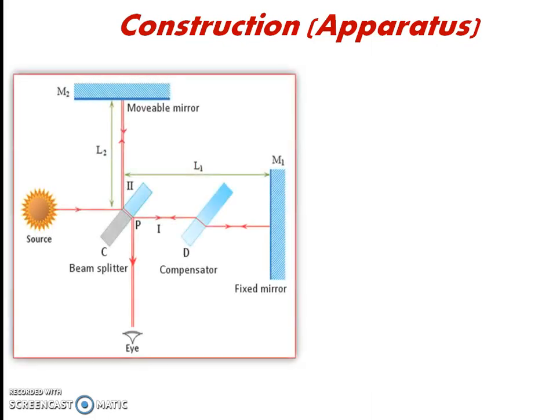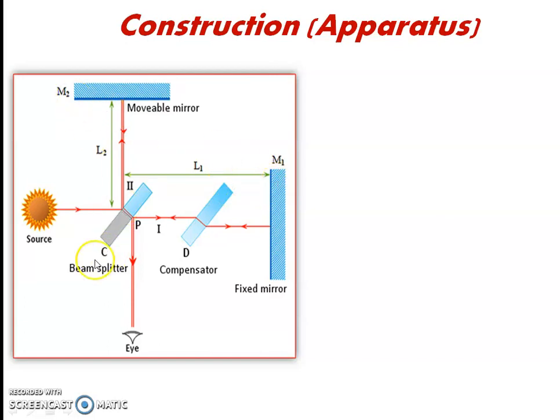Now how is this Michelson's interferometer constructed? Let us talk about the apparatus. If you look at this apparatus, you will find that here there is an extended source. This is one of the mirrors. This is mirror M2.